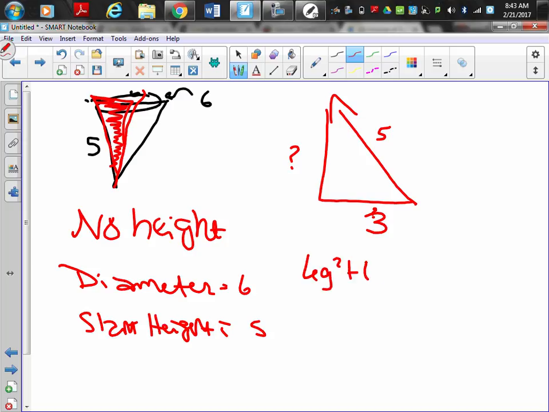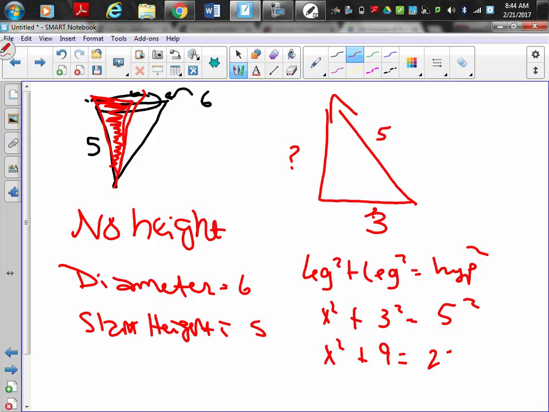Leg squared plus leg squared is hypotenuse squared. Alright. Legs make an L. So we have something squared plus 3 squared equals 5 squared. Alright, so x squared plus 9 equals 25.